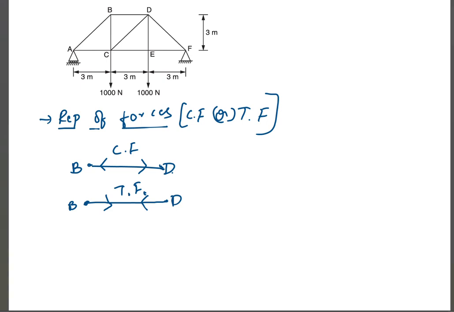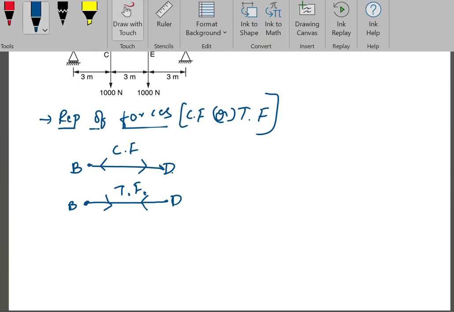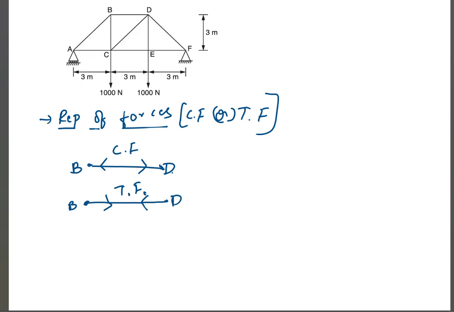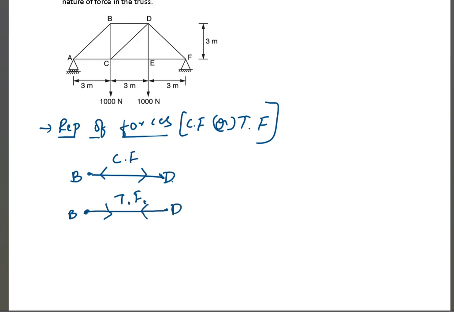Now let us find the member forces present in these members. So in total, how many members are there? See here, member 1, member 2, member 3, member 4, 5, 6, 7, 8.